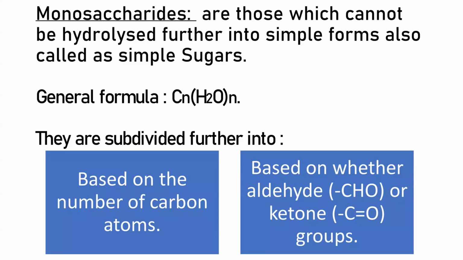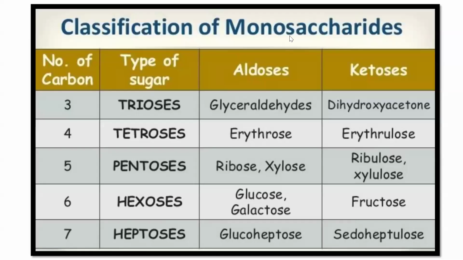Then we also classify them on the basis of their functional group, that is, those that have a ketone functional group or those that have an aldehyde functional group. So these are the bases of the classification of monosaccharides. You have to know all this.